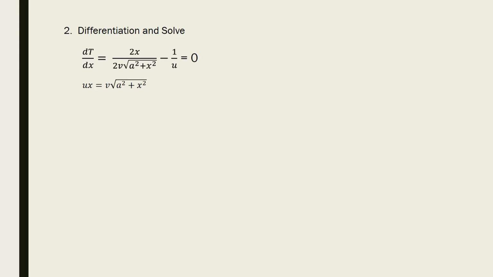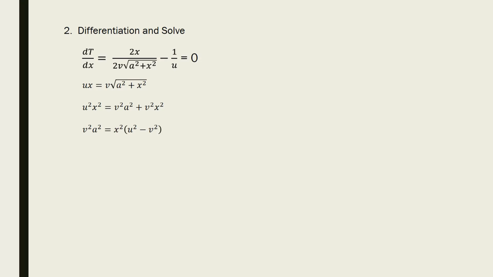And then if we solve this, it turns out as ux equals v times the square root of a squared plus x squared, and then u squared x squared equals v squared a squared plus v squared x squared.